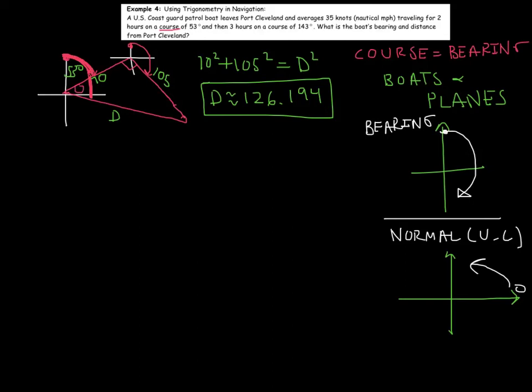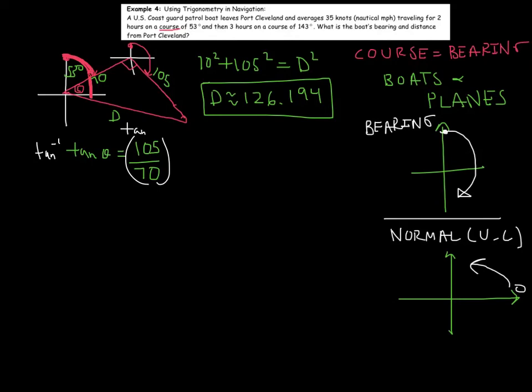We'll call this angle theta. So we will say tangent of theta equals opposite over adjacent. If we want to find theta, we would take the inverse tangent of both sides.